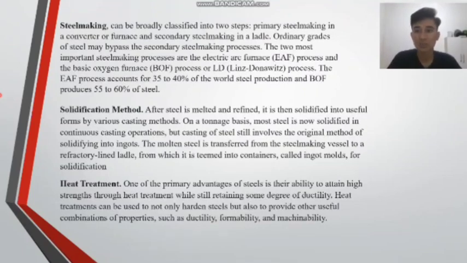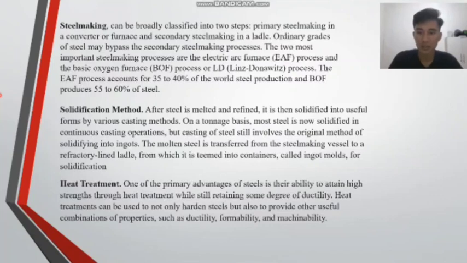The two most important steel making processes are the electric arc furnace EAF process and the basic oxygen furnace BOF process, or LD Linz-Donawitz process. The EAF process accounts for 35 to 40% of the world steel production, and BOF produces 55 to 60% of steel.